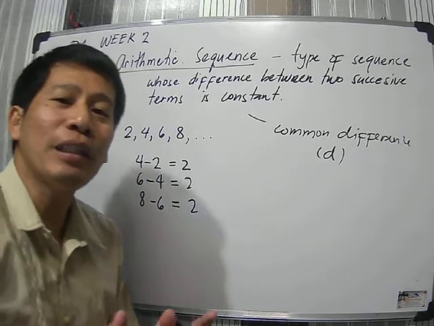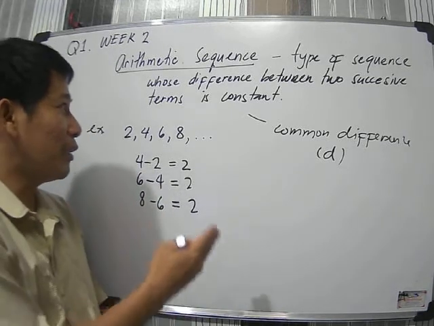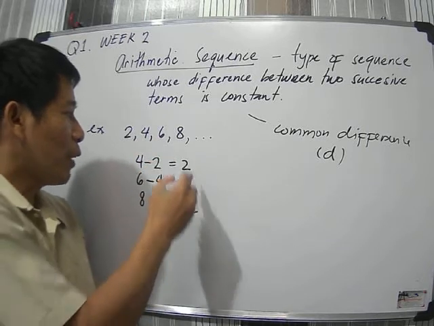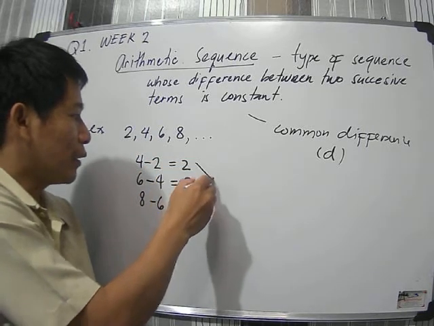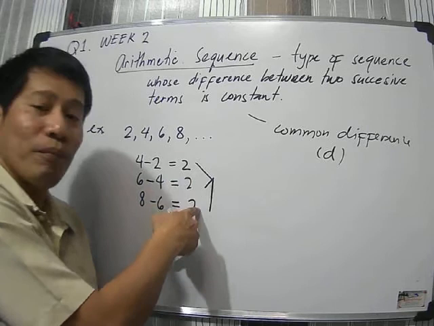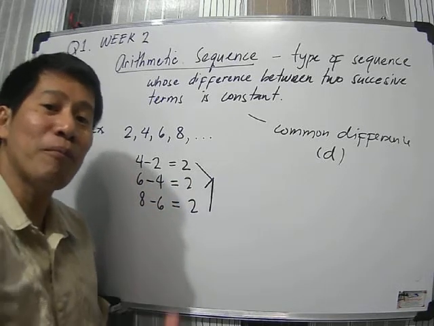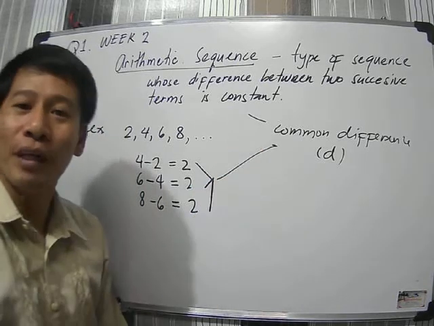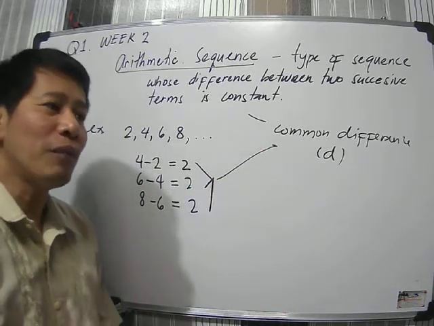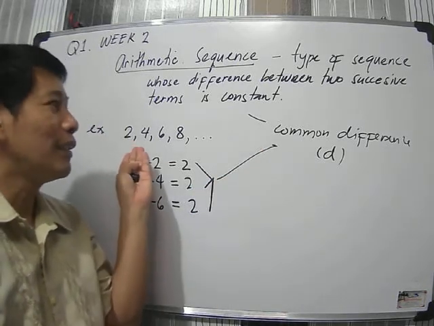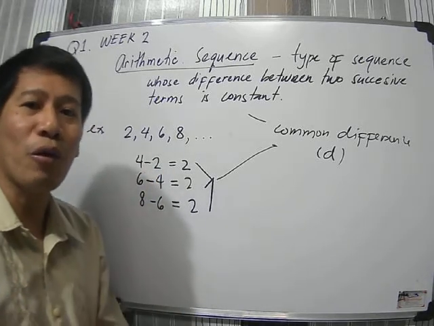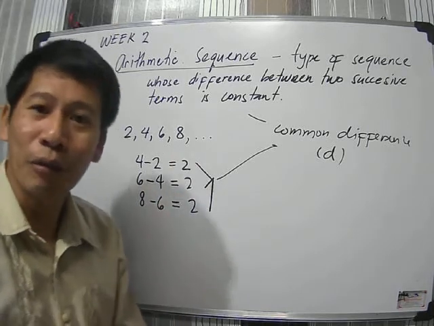So, kung mapapansin ninyo, pag kinuha natin yung difference between any two successive terms, we always get constant. We always get the same number, which is 2. So, ang tawag dito is common difference. So, ibig sabihin, kapag kaganyan ang sequence ninyo, that is what we call an arithmetic sequence.